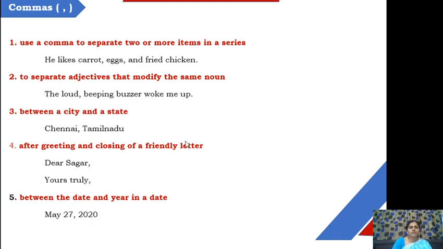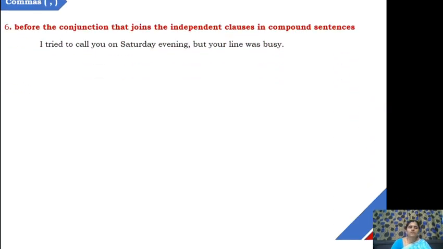So we use commas to separate two or more items in a series, to separate adjectives that modify the same noun, between a city and a state, in greetings and closings of a friendly letter, and between the date and year in a date. And we use a comma before the conjunction that joins the independent clauses in a compound sentence.